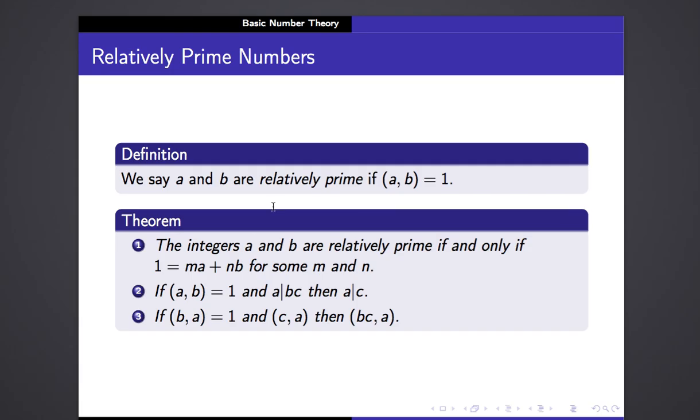In this case, the greatest common divisor of a and b equals 1. So we can actually easily see why this equation is satisfied.